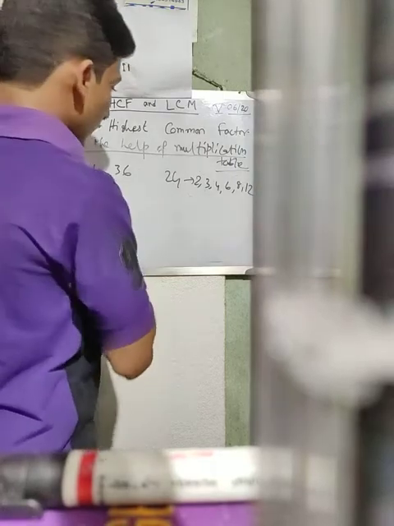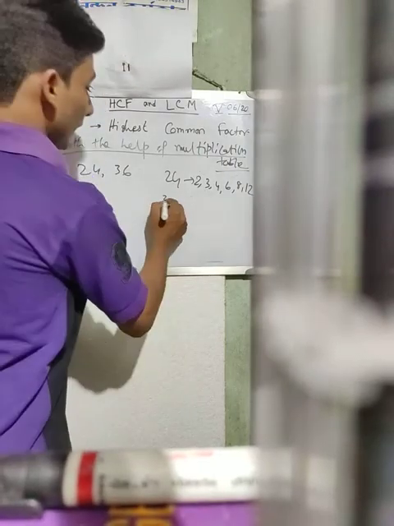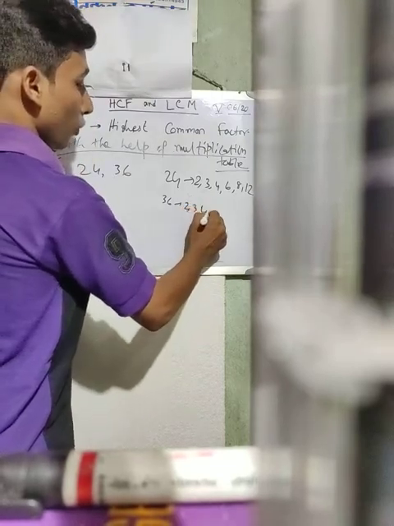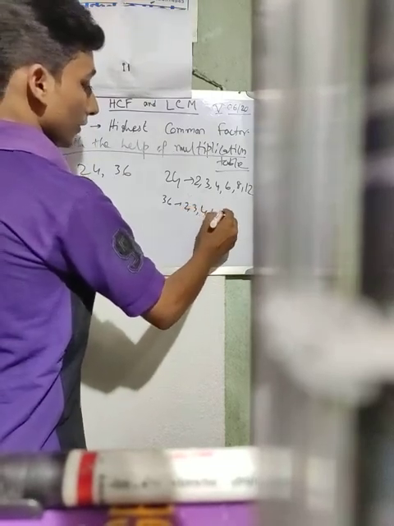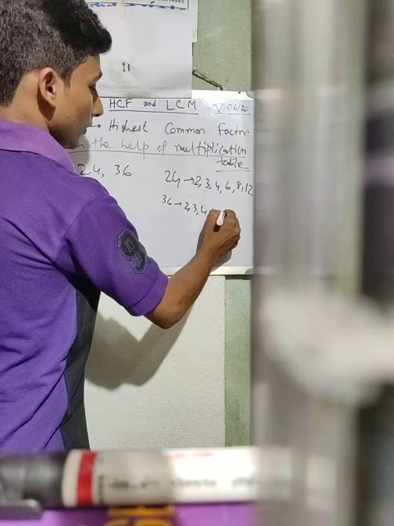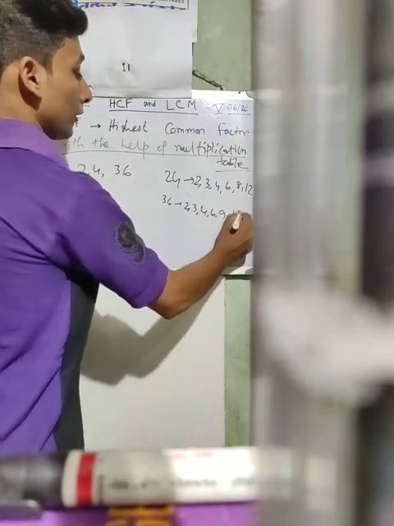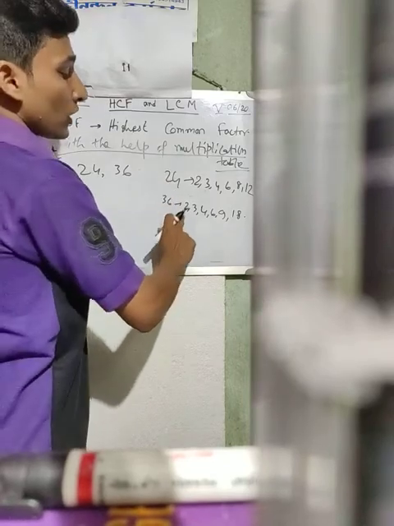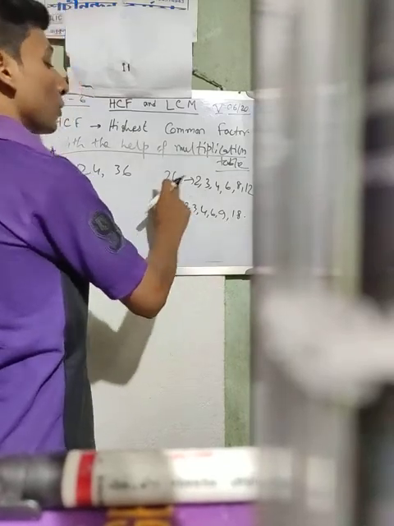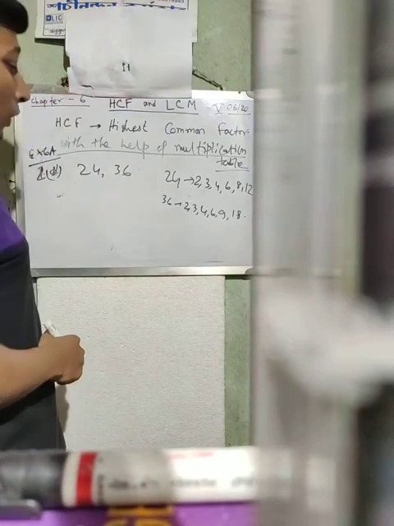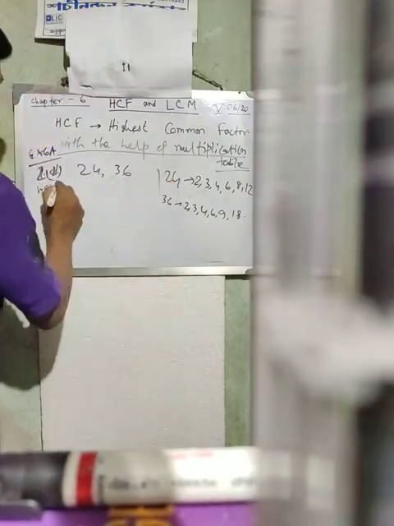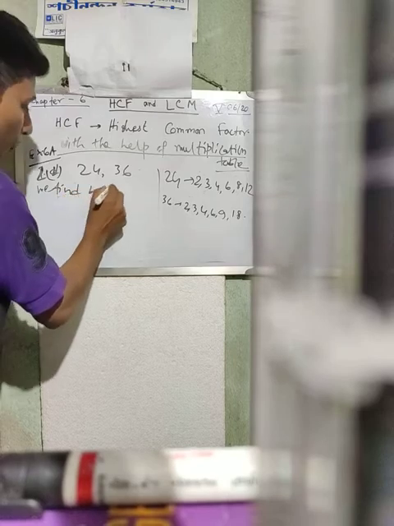And 36 belongs to 2, 3, 4, 6, 9, 18. Okay, 36 belongs to this multiplication table, and 24 belongs to this multiplication table.